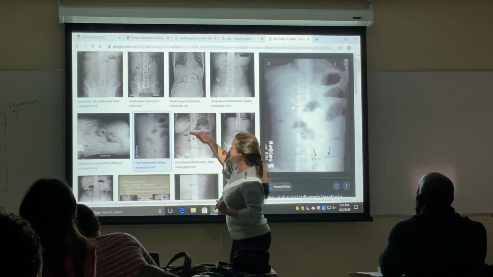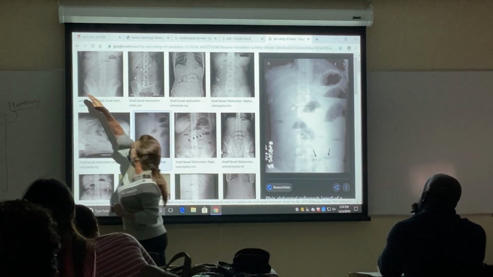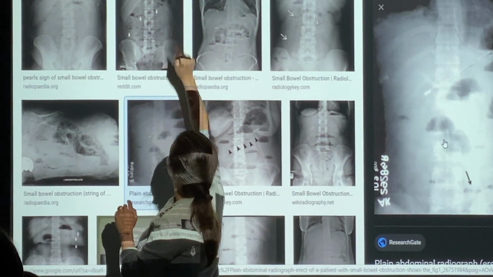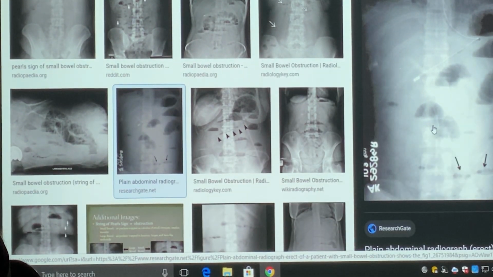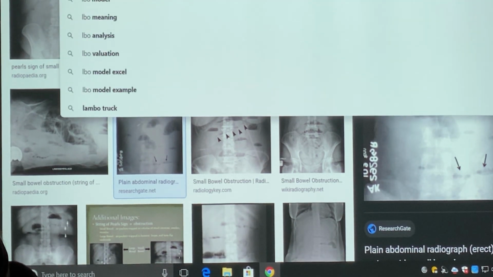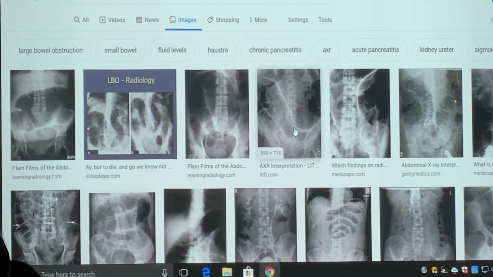So the level's going up, string of pearls, and the level's going up. So it's going through the mid-center. Look at the levels going up and the string of pearls. So that's small bowel obstruction. Versus, I know it's a back and forth, but at least this is a summary of whatever I had in 200 slides.